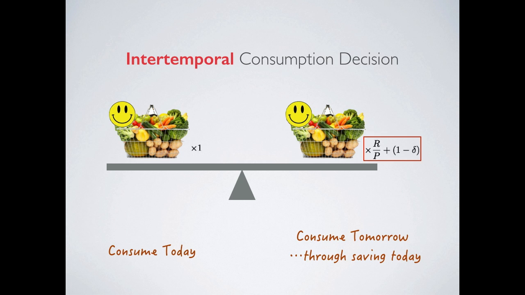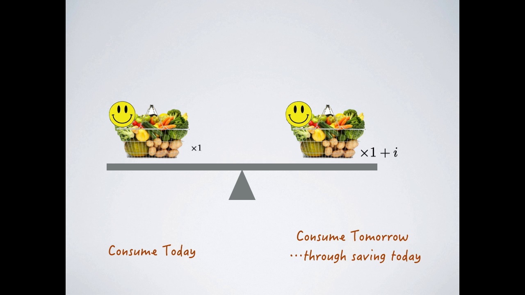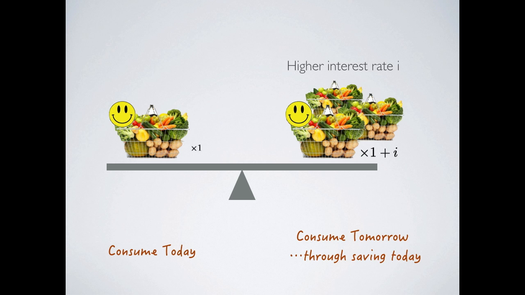We also know that the return tomorrow will be equal to 1 plus the interest rate. So if the interest rate is increasing over time, then tomorrow with a high interest rate we are going to get more baskets than before.